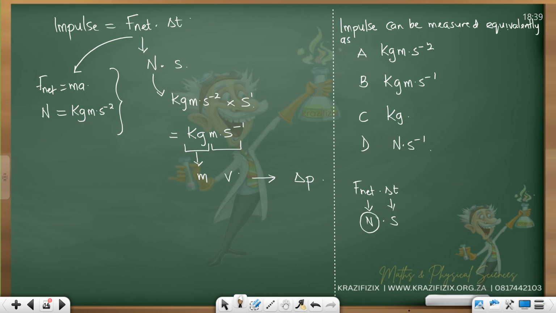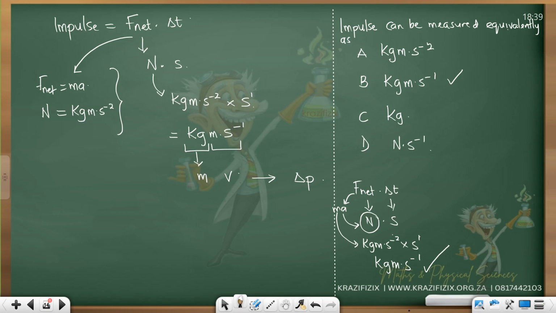F net is MA, and that is my newtons. Kilogram, acceleration is meters per second squared. Kg, laws of exponents: 1 minus 2 minus 1. Ta-da! B. This is not guessing.